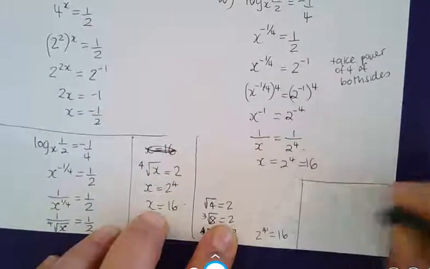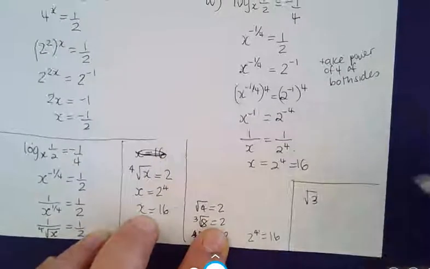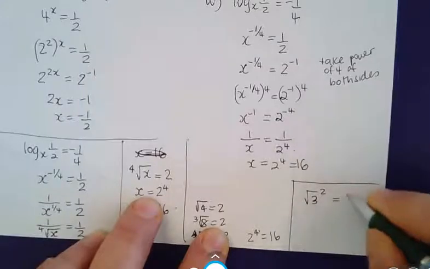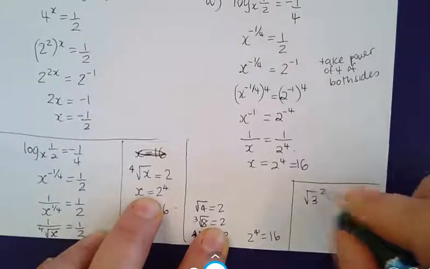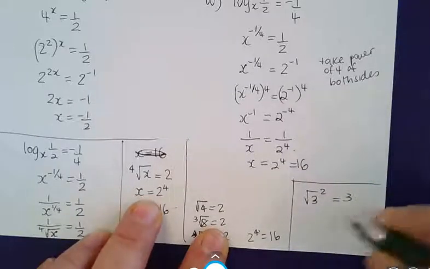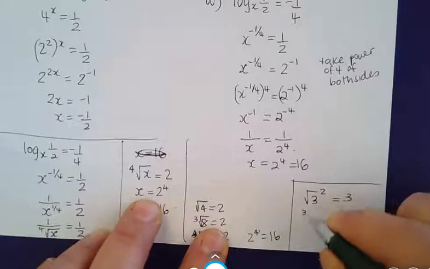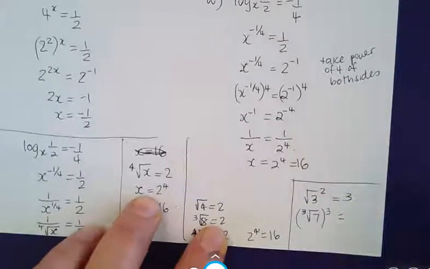For example, the square root of, say, 3, which you don't know the answer to, but if you square that, you get 3. Squared and square root cancel each other out. Let's say the cubed root of 7, which we can't do, but we cube that. You get 7.